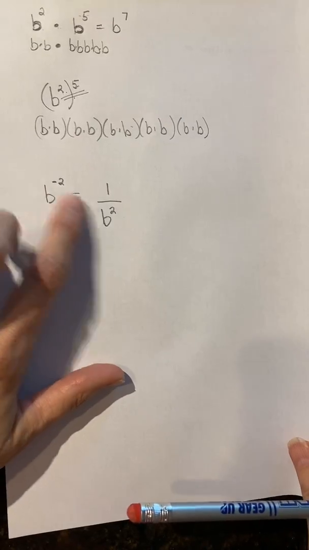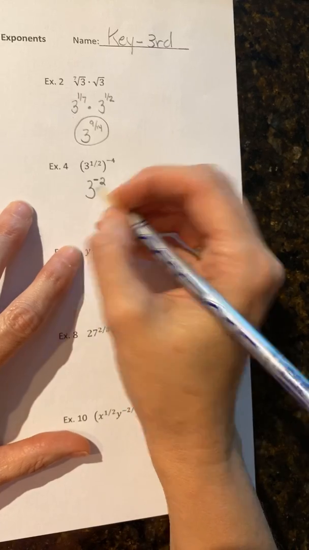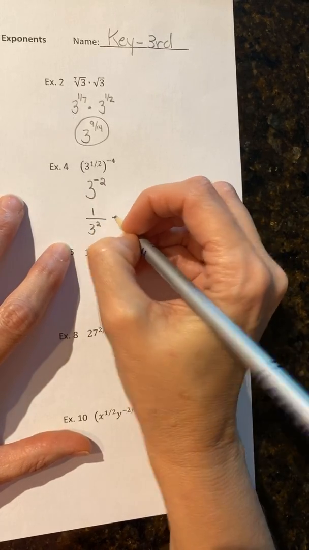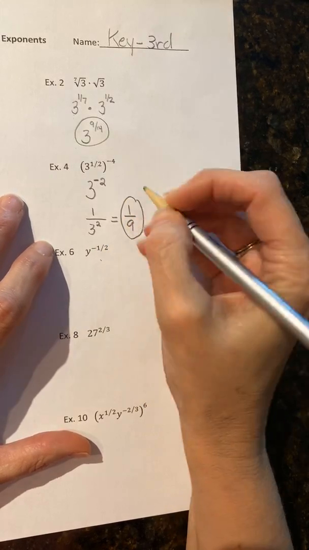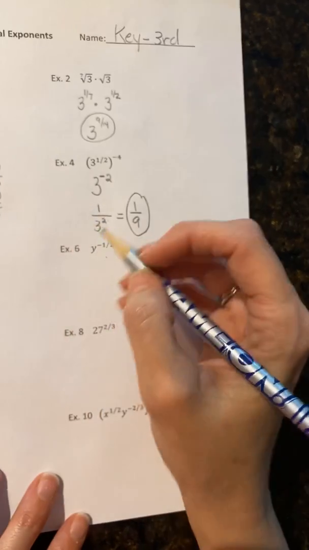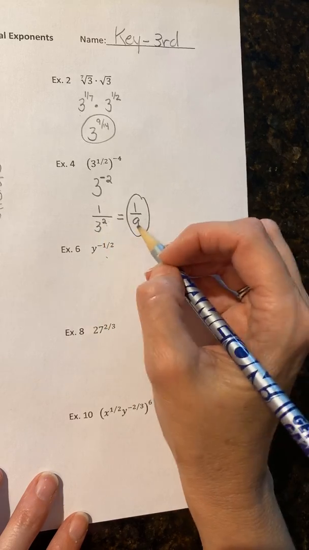So whenever you have a negative power, that's what happens. So here, it's 1 over 3 squared. That's 1/9. So your answer is 1/9, because 3 squared means 3 times 3, which is 9. You don't want to leave parts like that undone. If you can work it out, you should work it out.